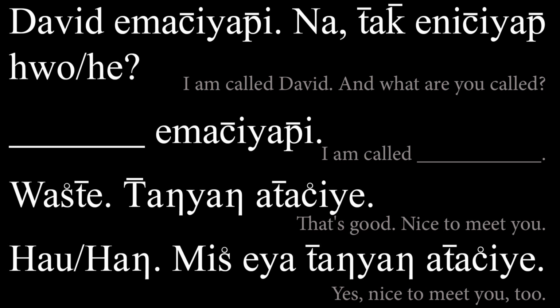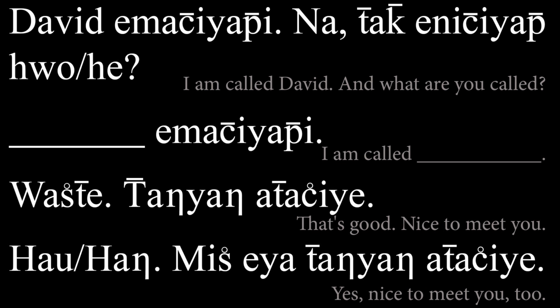You see the ni, the n and then the i at the beginning after the e? That ni is you. I mean, not you as a person, but whoever you're talking to. So inichiapi or inichiab means you are called.